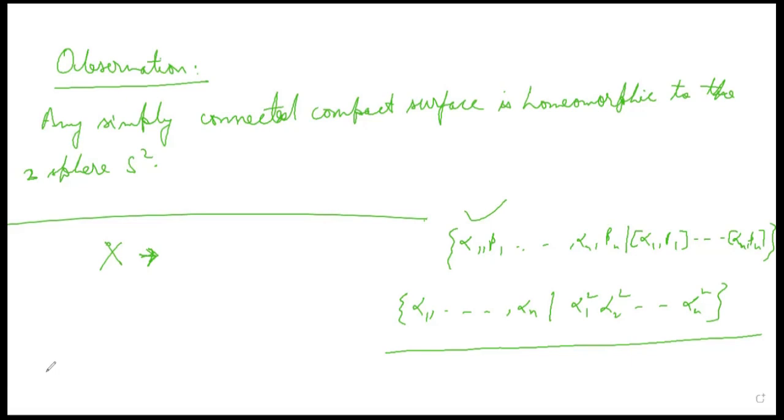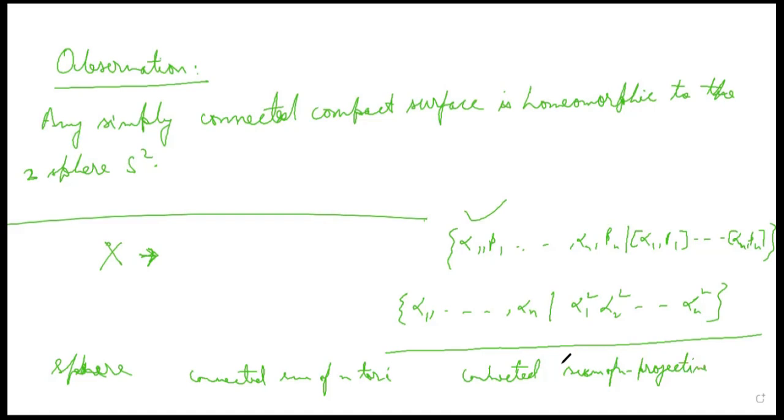So either you have a sphere, or a connected sum of n tori, or a connected sum of n projective planes.